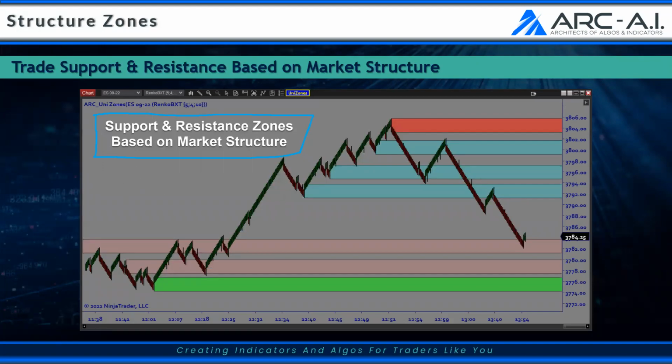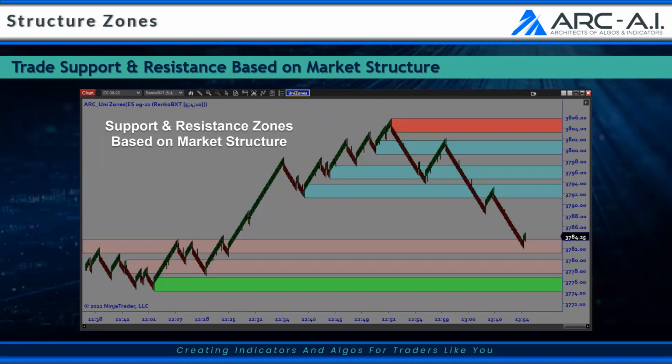I don't know how many of you are familiar or using Renko charts, but they're extremely helpful. When you're trading market structure, Renko charts are probably the best chart that I've seen that you can use to plot structure. Really, Renko charts are just very solid and smooth for being able to plot resistance and support and structure.